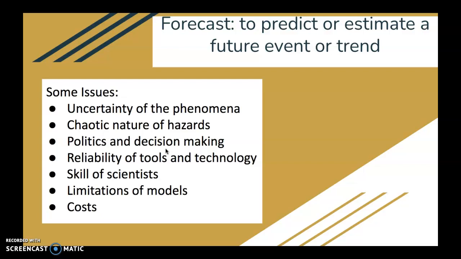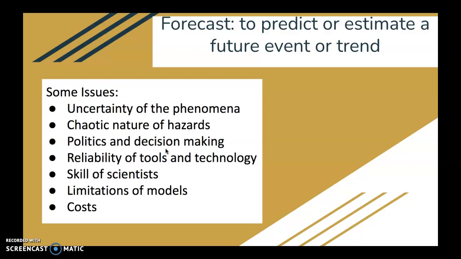So the information we have might be limited by politics or by governments, and so we might not be able to fully predict what is going to happen. We're also limited by the tools and technologies that we have. If we don't have the best technology, then the data we have to make the decision will be limited.